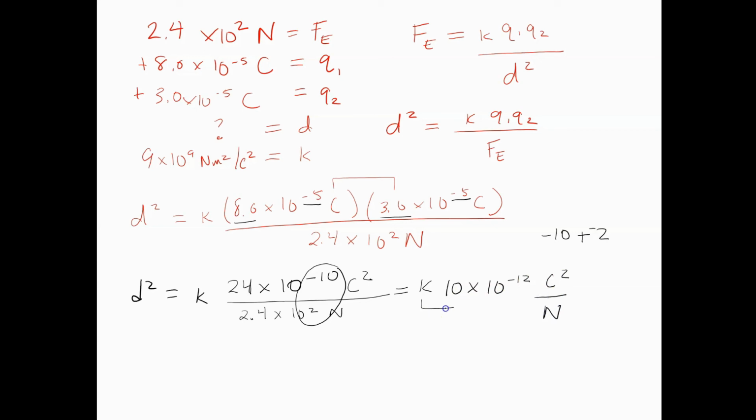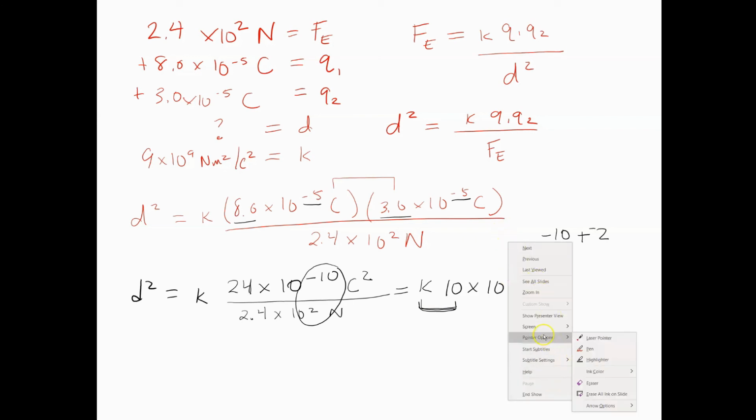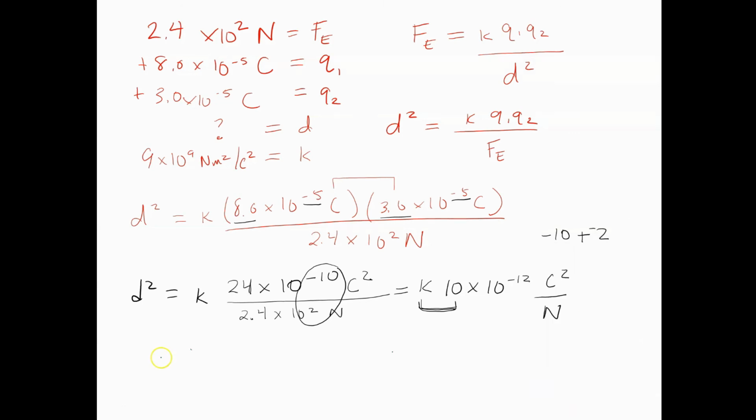So here's the next thing I need to do: multiply the K value by what I just divided. Distance squared equals the K value, 9 times 10 to the 9th newton meters squared per coulomb squared.